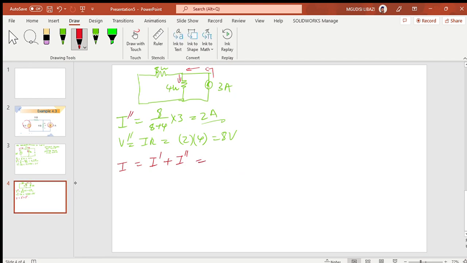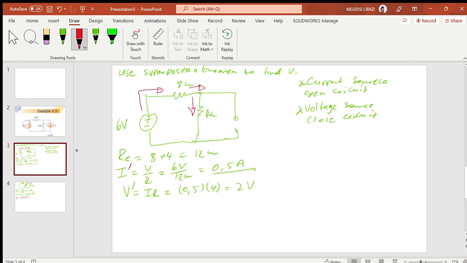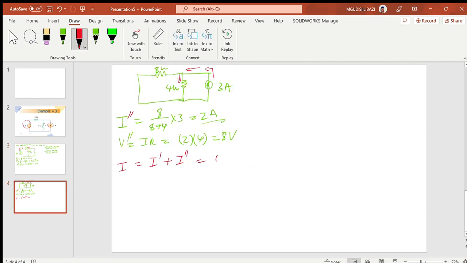So the first I is 0.5, and adding the second I, 2 amps, I get 2.5 amps.